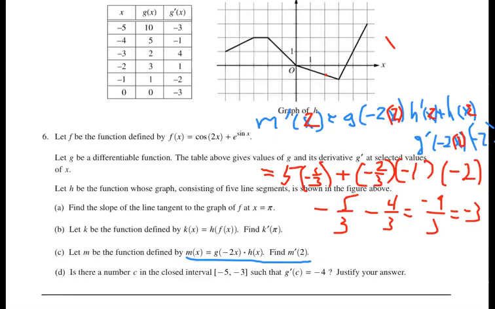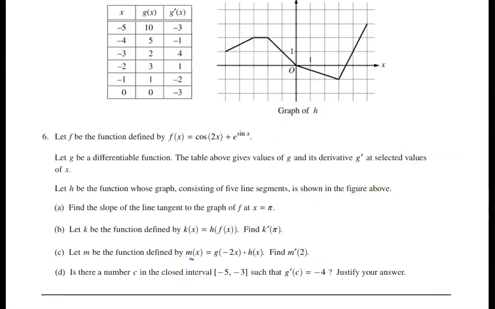Last problem. Is there a number c in the closed interval from -5 to 3 such that g prime of c equals -4? Okay, well, that's where this comes in. So we should say g differentiable tells us that g is continuous.